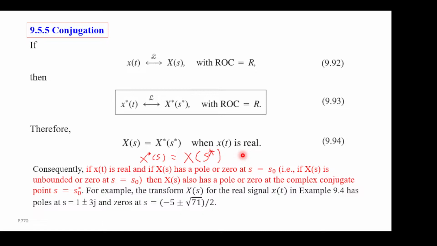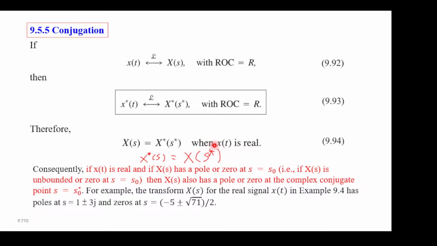But now things get interesting if we think about the poles and the zeros of big X. So if x is real, then we actually see that we have a very strong symmetry on all the poles and zeros of big X of s. Because if big X of s has a pole or zero at s0, then it also has a pole or zero at the complex conjugate s0 star. I think it's easier to see from this equation.